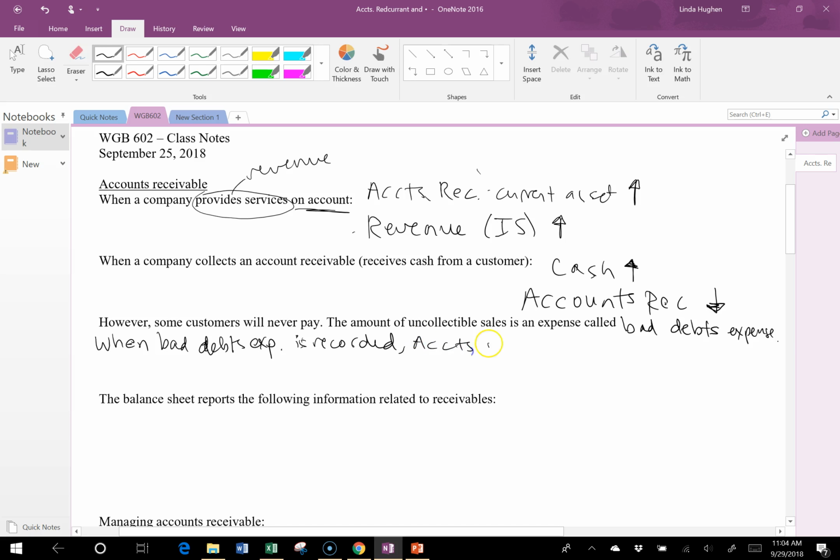Accounts receivable decreases, but not using the accounts receivable. We're going to decrease accounts receivable using a special tracking account called allowance for doubtful accounts.